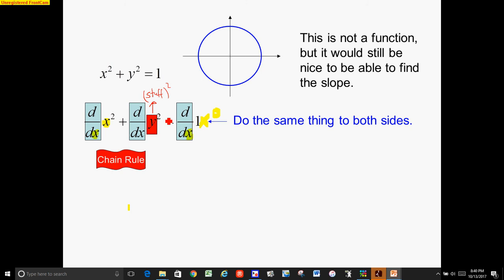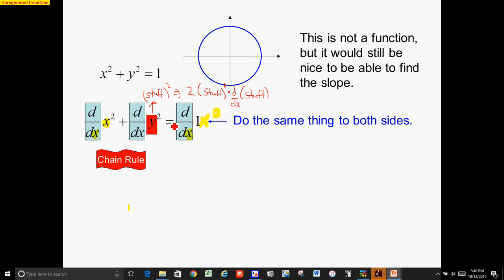Remember this from yesterday? The derivative of stuff squared, from Friday, is bring the 2 down, copy the stuff over, subtract 1 from the exponent, and spit out the derivative with respect to x of the stuff.